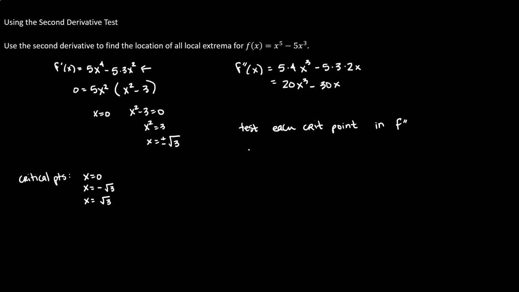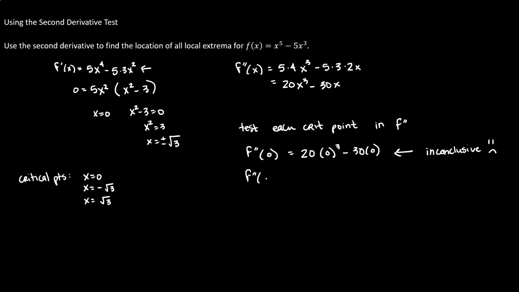So at x equals 0, our second derivative looks like 20 times 0 cubed minus 30 times 0. That is inconclusive. Our second derivative is already failing us. But we have 2 other critical points we can try.